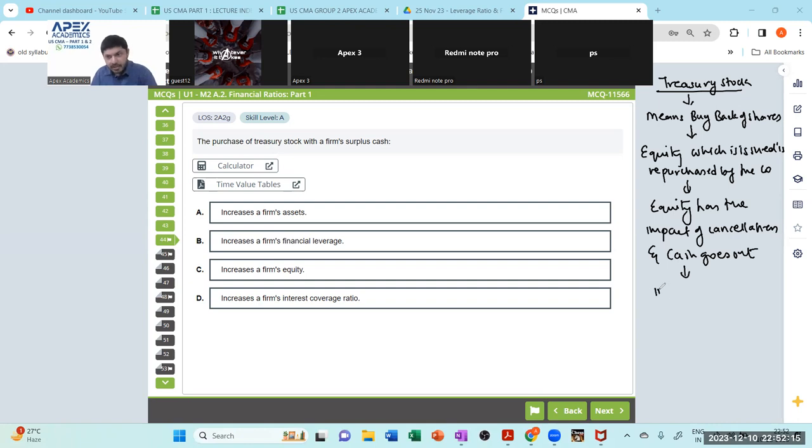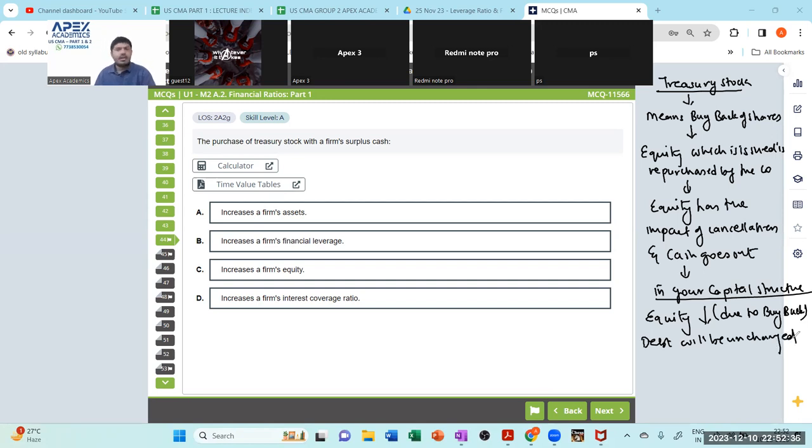Also, in your capital structure, what will happen? Your equity will fall due to buyback and your debt will be unchanged. Do you all agree with this statement?